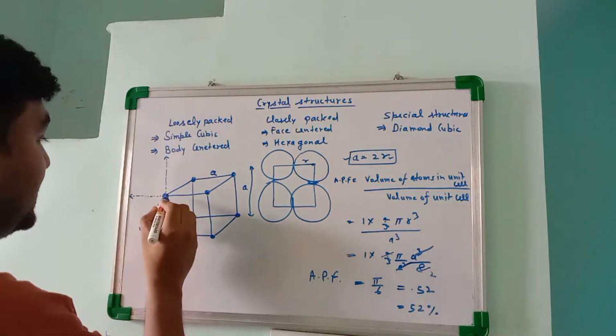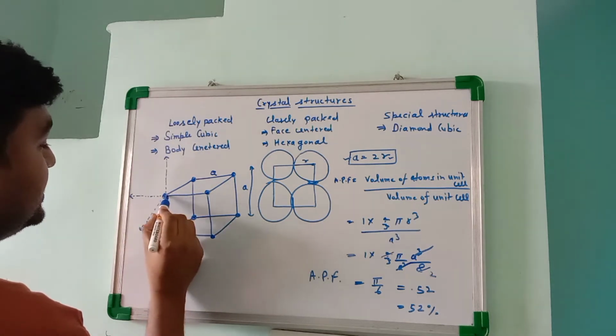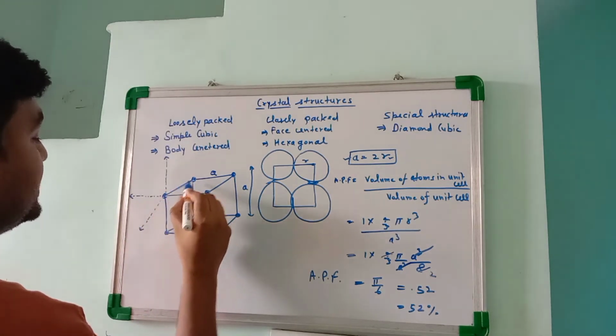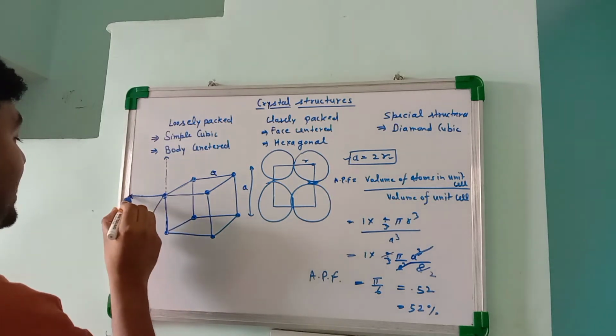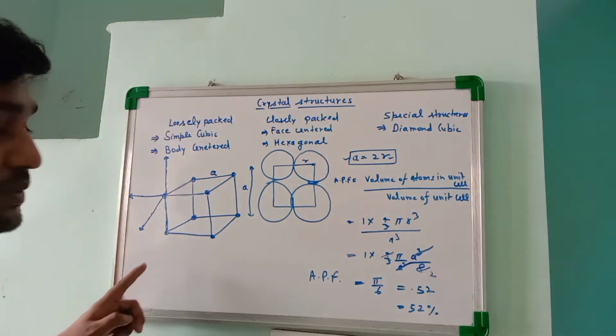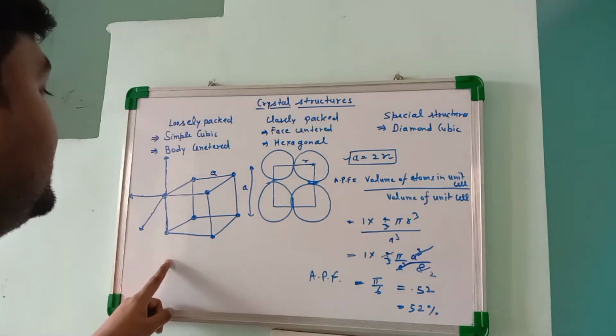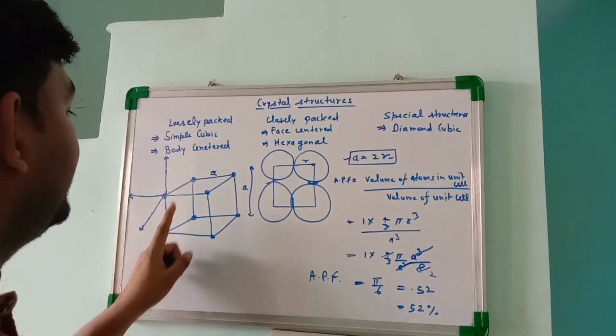So these are 6 atoms coordinated: first atom, second, third, fourth, fifth and sixth. So there are 6 nearest neighbor atoms coordinated at distance a.